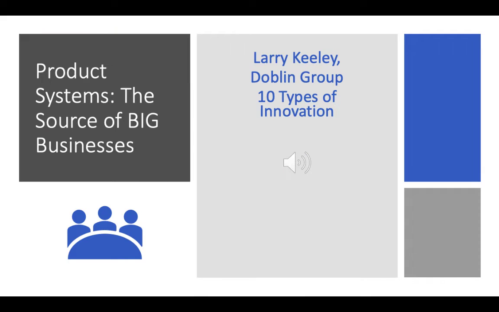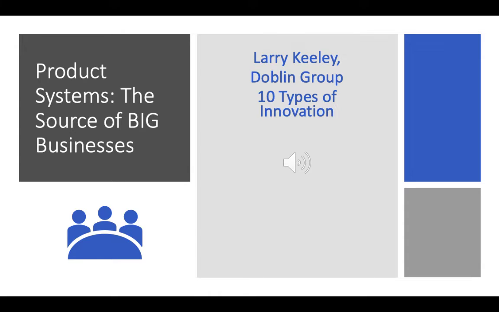I want to spend a little bit more time on product systems or product platforms, because this is a type of innovation that can really produce big business outcomes. We've talked a little bit about Swiffer being a $1 billion business as a platform.